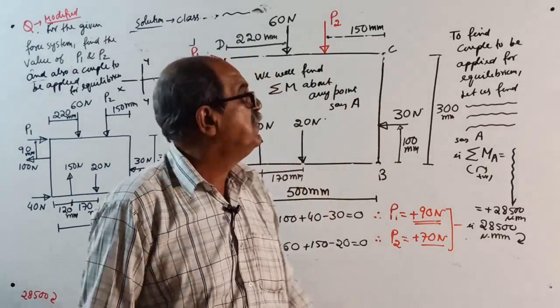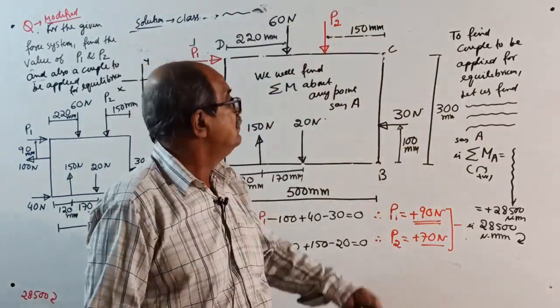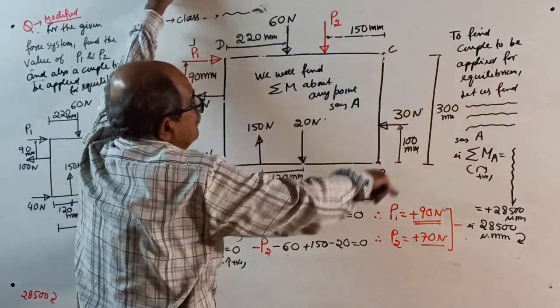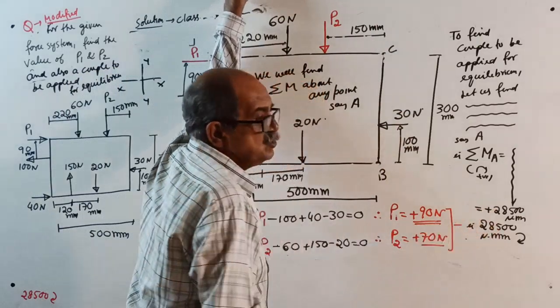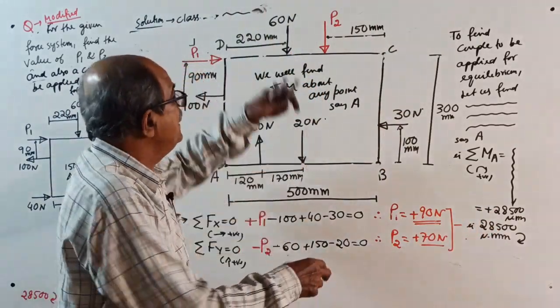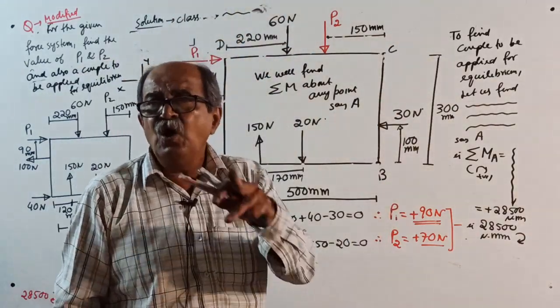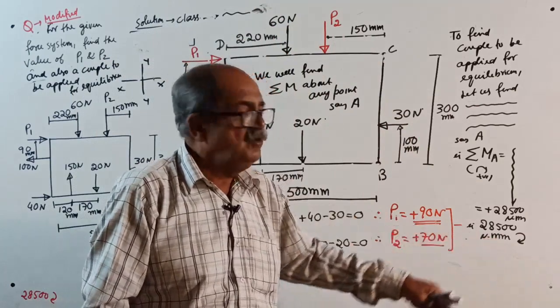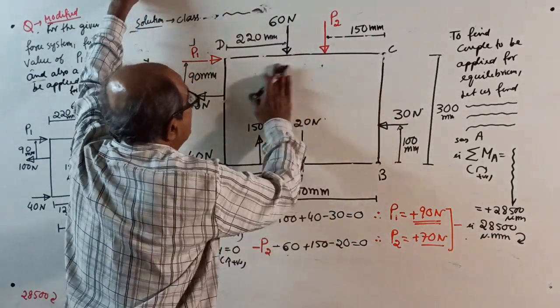But the equilibrium is spoiled, or it is not there, because the given force system will reduce to a clockwise couple of 28500 Newton millimeter. Therefore, you are right here.